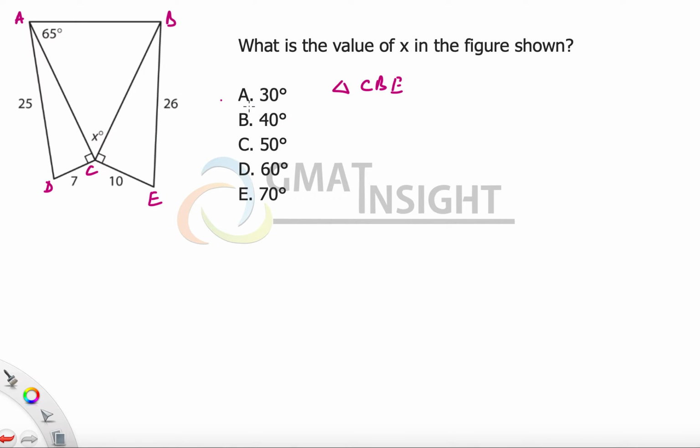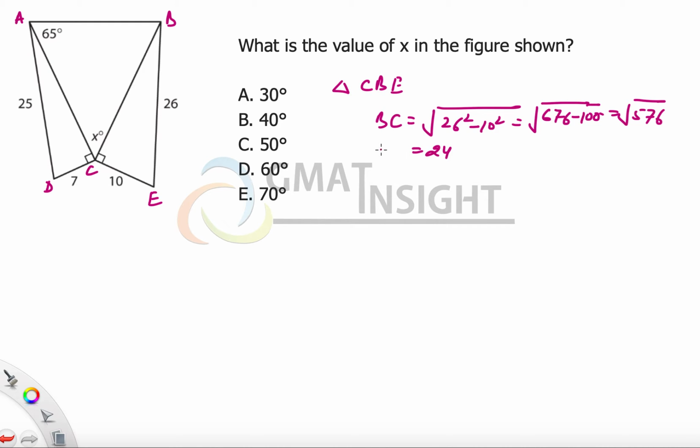And since the sides are related with the Pythagorean triplet, I can say that BC will be equal to square root of 26 square minus 10 square. 26 square is 676 minus 10 square, that means 100, becomes square root of 576. So that becomes 24. That's the first basic information that we have been able to derive. That means I'll quickly write BC is equal to 24.